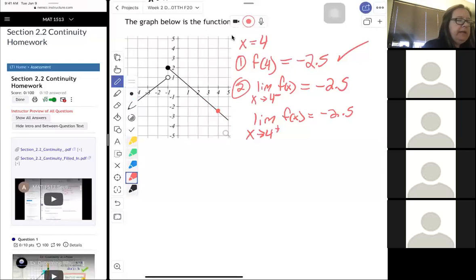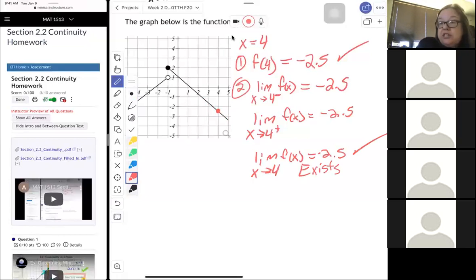If those two are equal, then the limit as x approaches 4, the two-sided limit, exists and is equal to the same thing. So that checks off the second condition. It's met also.